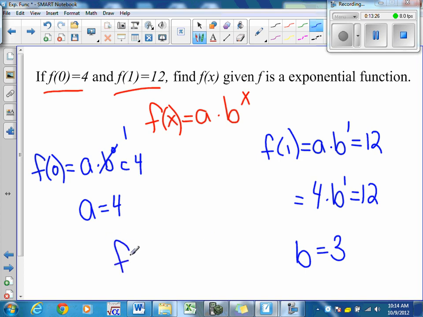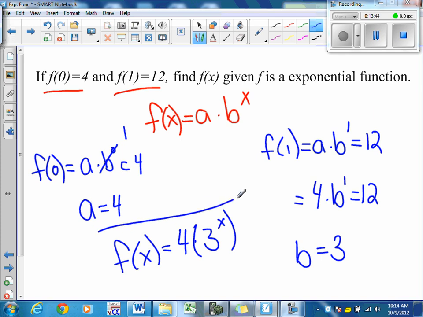So my exponential function here is 4 times 3 to the x. You may even want to put parentheses around that so we don't think of it as 12x. Completely different thing. You can't combine those 3 and the 4. So there's my exponential function that goes through those points.